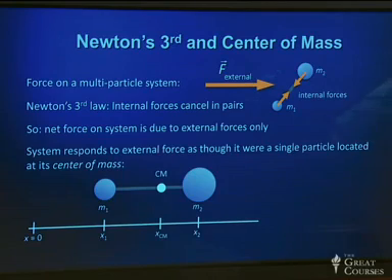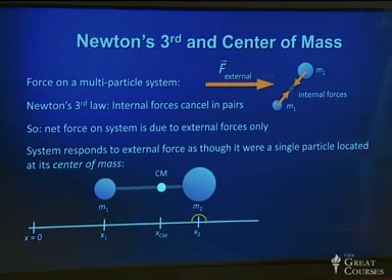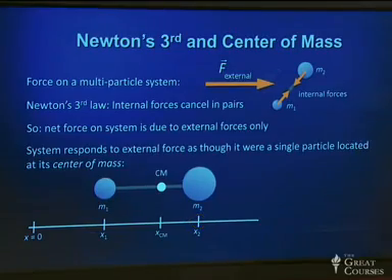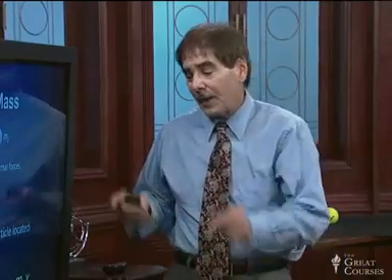If we put a coordinate system here and put mass 1 at position x1 and mass 2 at position x2, then the position of that center of mass in this one-dimensional situation is given simply by a weighted average of the positions of the individual particles, weighted in terms of their importance to the system, that is, in terms of their individual masses.